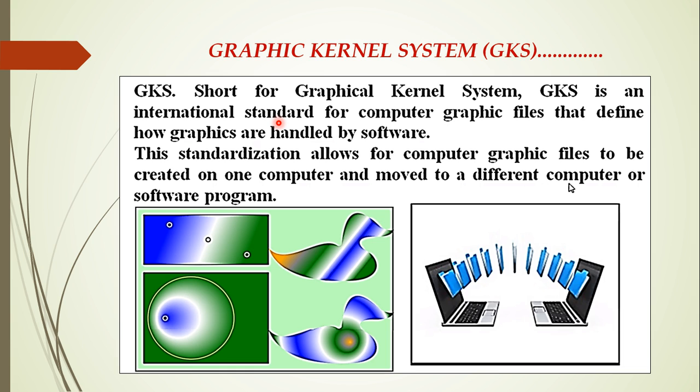For the purpose of standardization, this graphical kernel system utilizes certain primitives. For example, let us consider that this is a drawing you have constructed utilizing your AutoCAD, or any drawing software you have utilized. You have added certain textures, paints, outlines, and different shapes to this drawing.